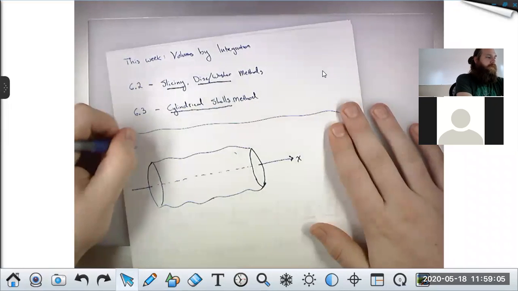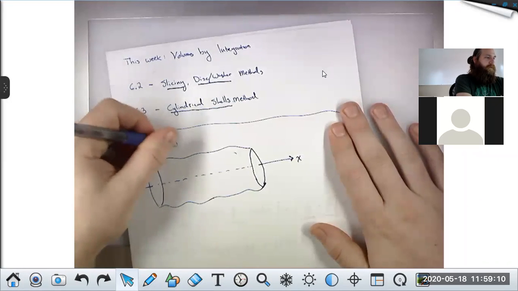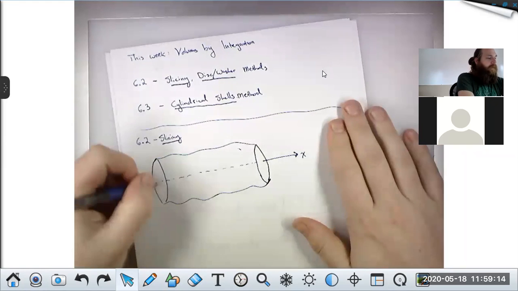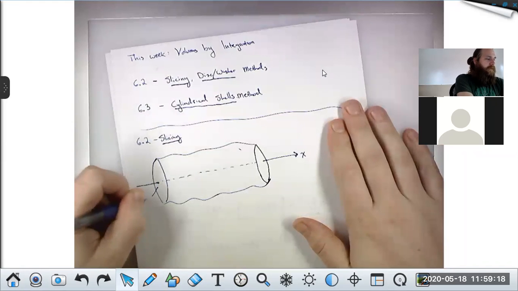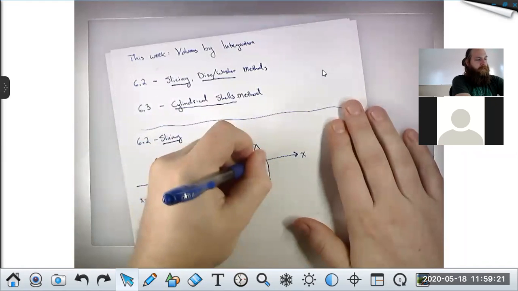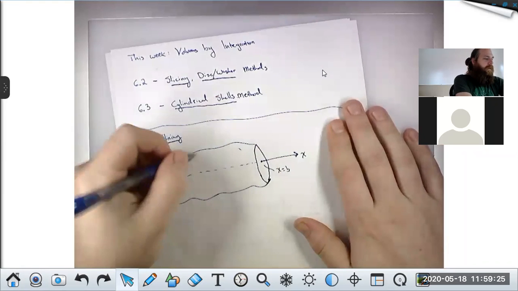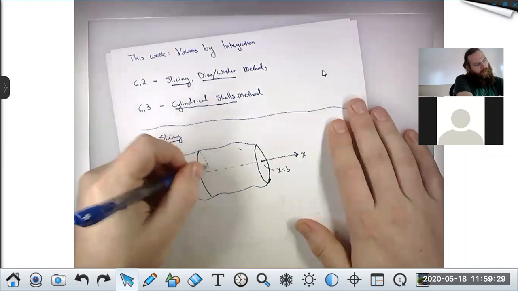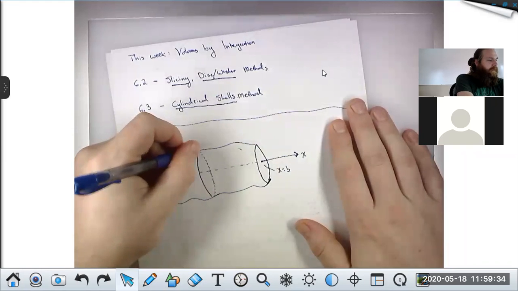So this is 6.2. And I'm talking specifically about the method of slicing right now. If this object starts at x equals a and ends over here at x equals b, and I can find a formula for the area of a cross-section, then I can imagine taking a tiny differential thickness slice.